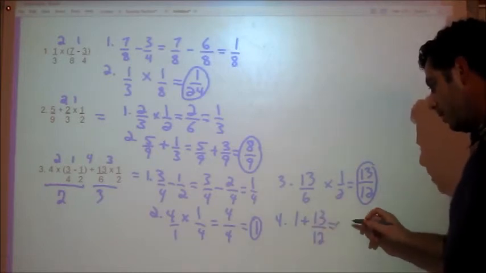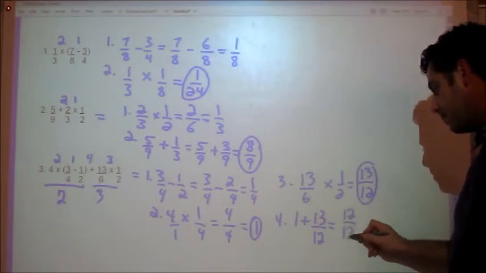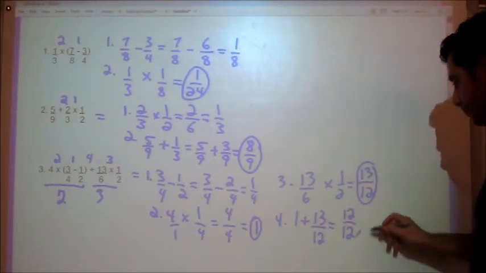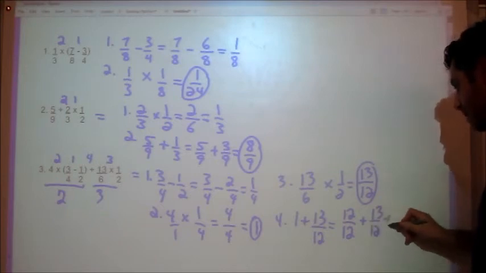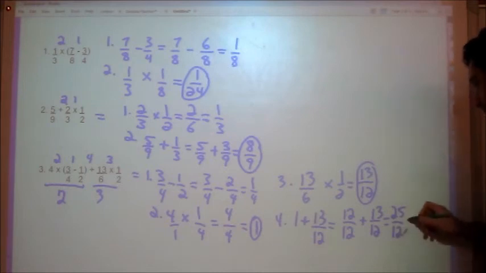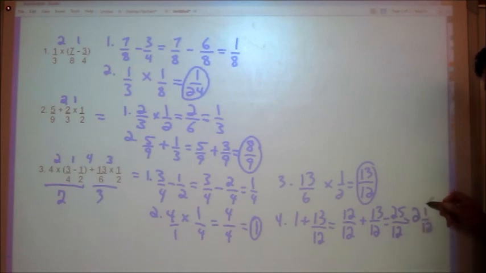Now the number 1 can be easily put over 12 like this. 12 over 12 is 1 whole. Then we add 13/12 to that to get 25/12. We can simplify that to 2, because 2 12s make 24, and 1/12 brings us to 25. So the answer to that problem is 2 and 1/12.